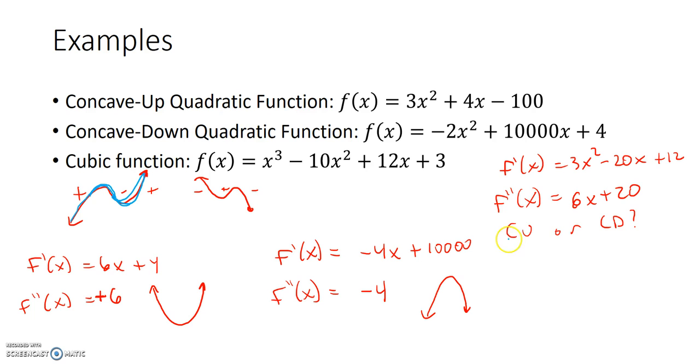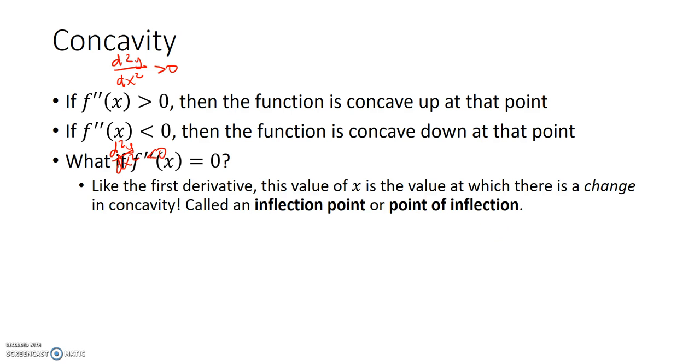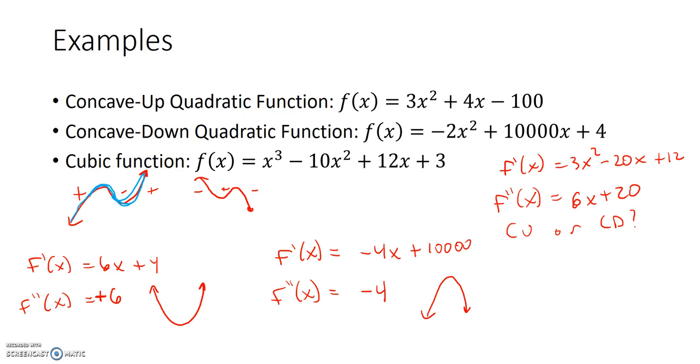So remember back here where we said, hey, you know what? If f double prime of x is 0, that is the point at which the function changes concavity. So we can figure that out. In other words, just like we set the first derivative equal to 0, we can figure out where the change in the rate of change is 0.